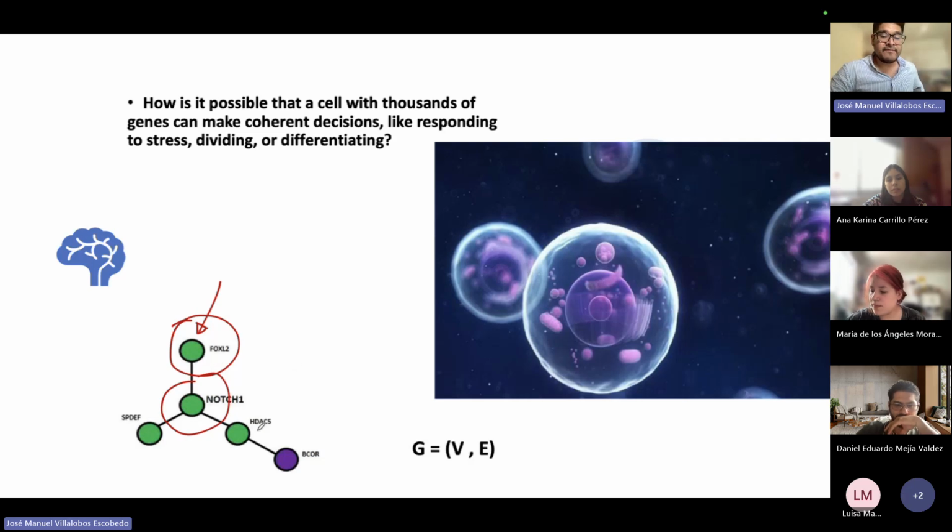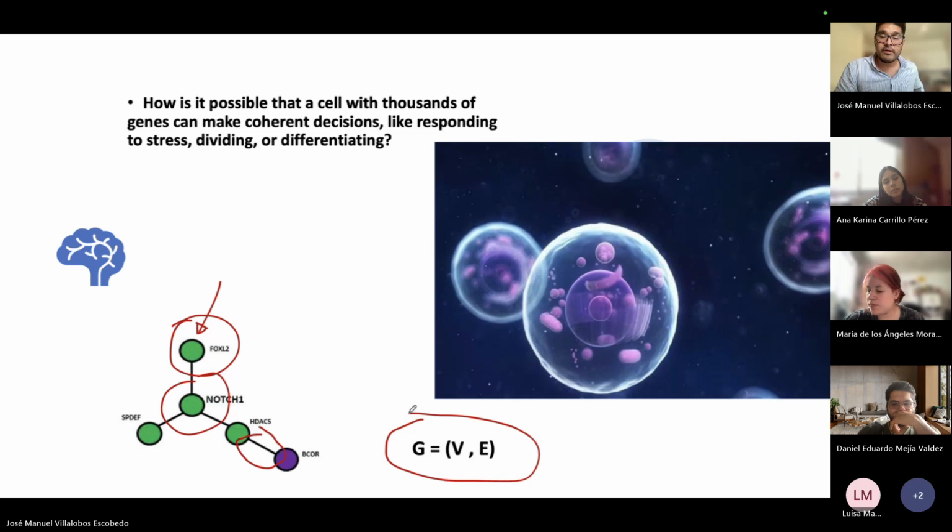And also we have this kind of connection, right? That are our edges. And this is a general equation that describes one graph or network, that is, the graph is equal to the nodes and the edges. And all of the edges mean something, right?